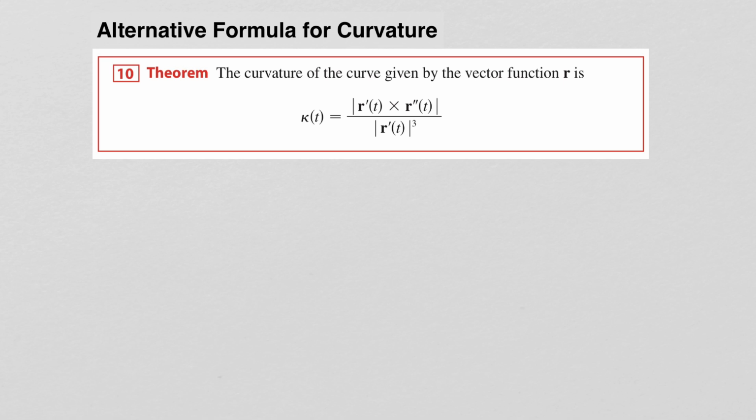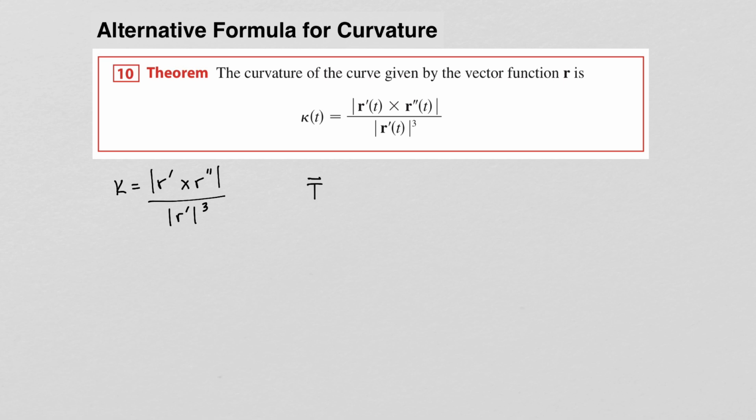Let's go through this derivation. So we want to prove that kappa is equal to the magnitude of r prime crossed with r double prime, divided by the magnitude of r prime to the third power.